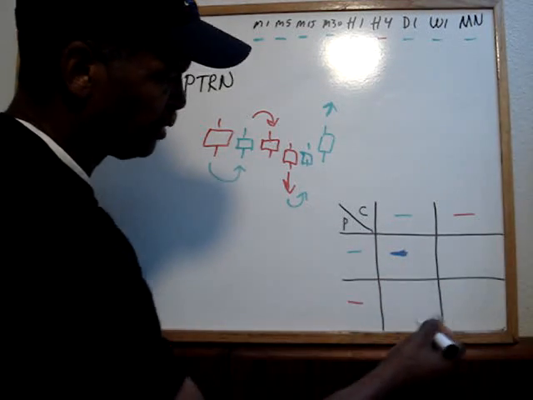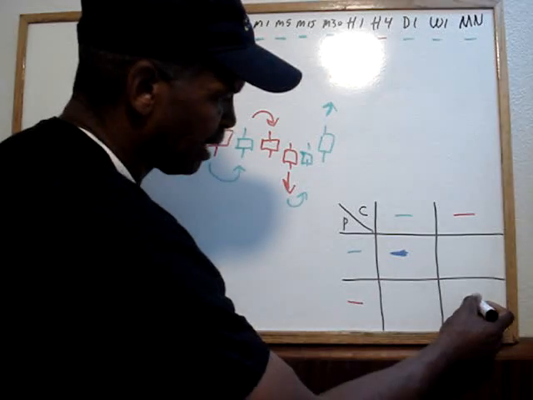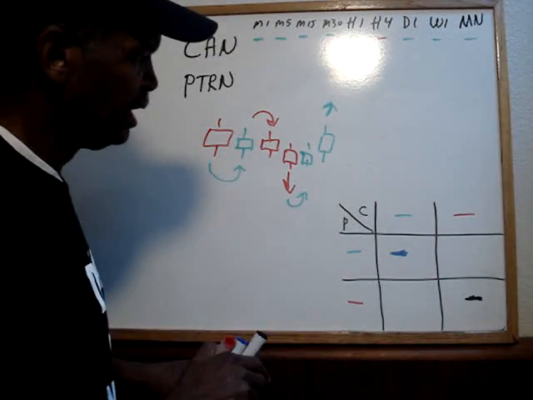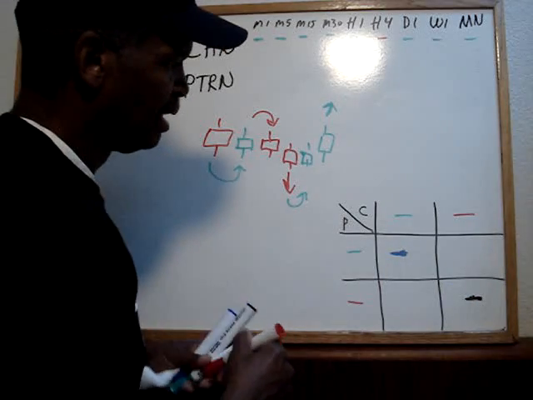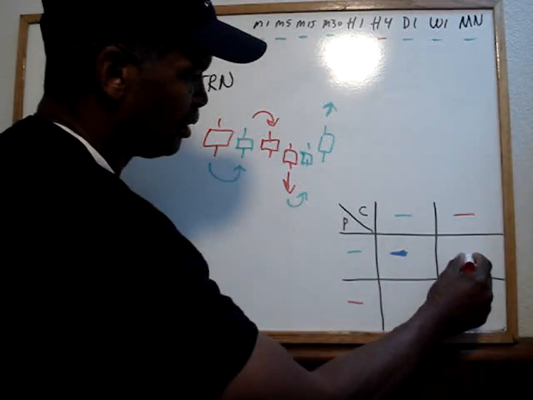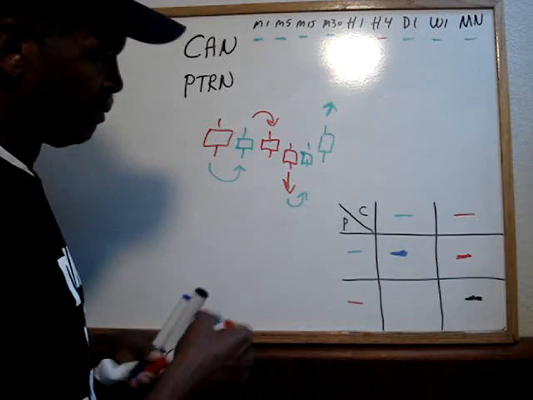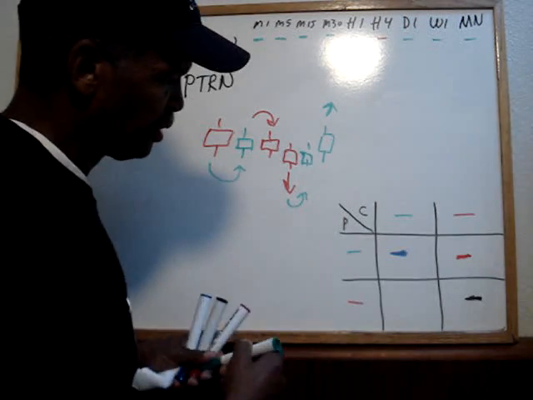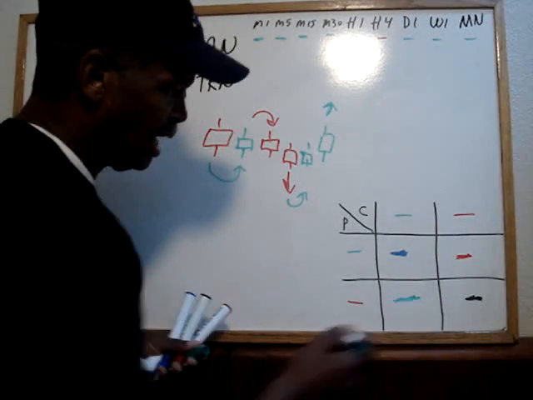Current red, previous red, let's use black for down. If the previous is green and the current is red, then it just turned down. If the previous red and the current's green, then it just turned up.